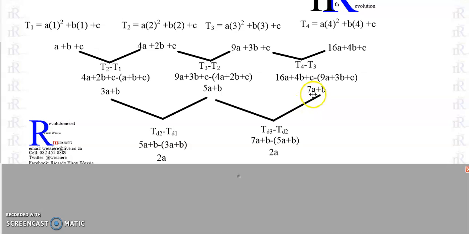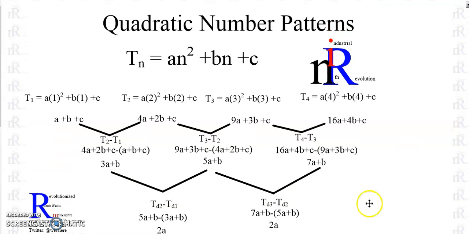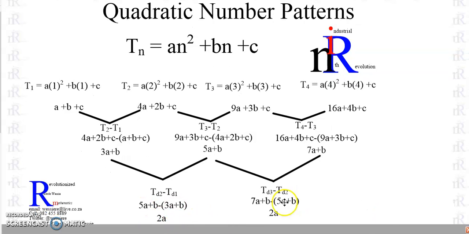Then 7a minus 5a will give me 2a, and b minus b will cancel out. So I'm left with 2a and 2a. Remember, a quadratic number pattern has a constant second difference, and that is where we are at this point in time.